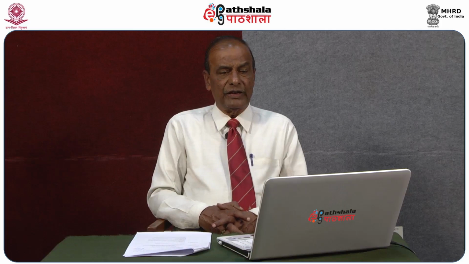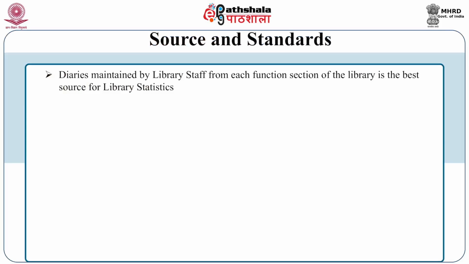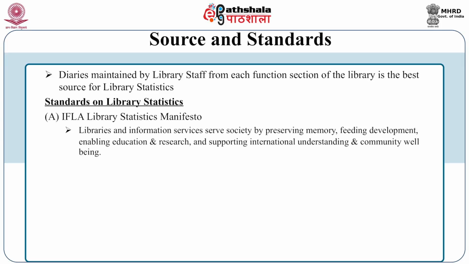We are moving to the next slide on the sources and standards of library statistics. Diaries maintained by the library staff from each functional section of the library is the best source for the library statistics. The standards on library statistics are given by a number of organizations like IFLA Library Statistics Manifesto.